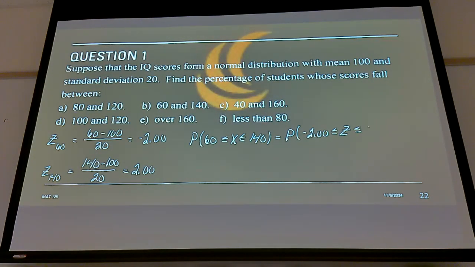All right, so the probability we're looking for is the probability that z is between -2 and +2. What does the empirical rule tell us this probability should be, approximately? So, right around 0.95. Again, it's not going to be exactly 0.95.